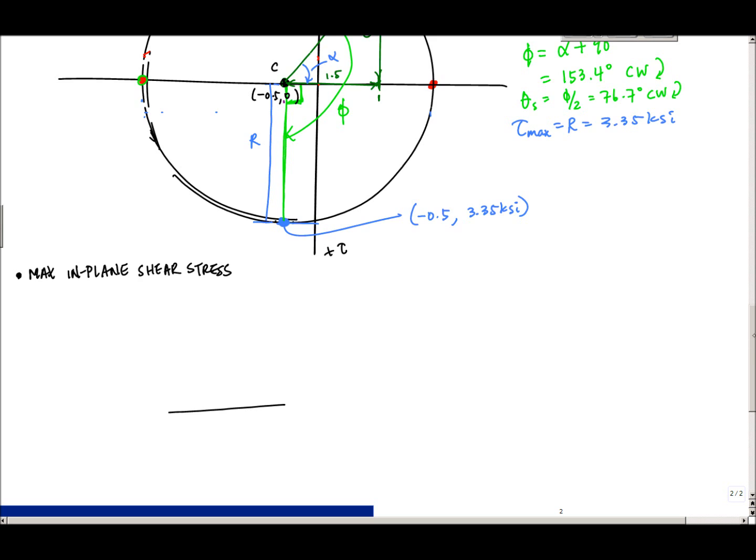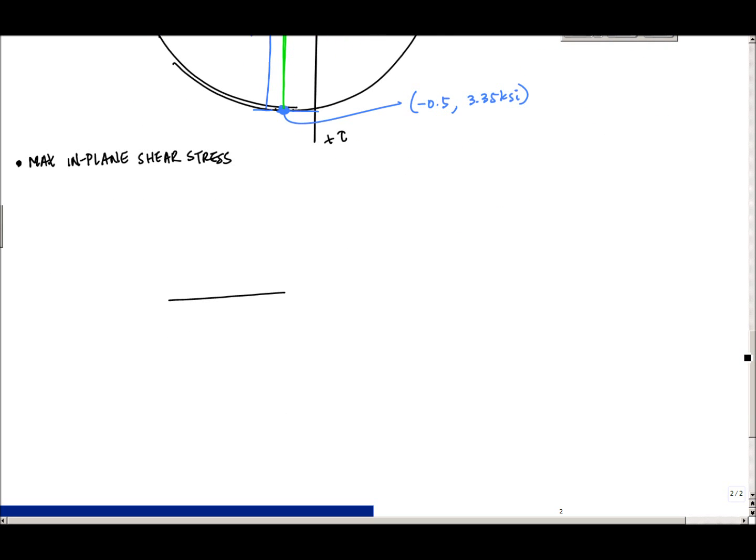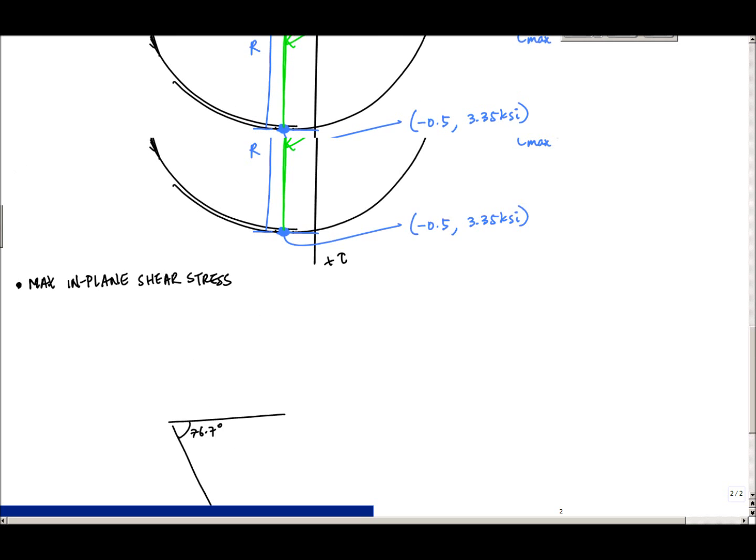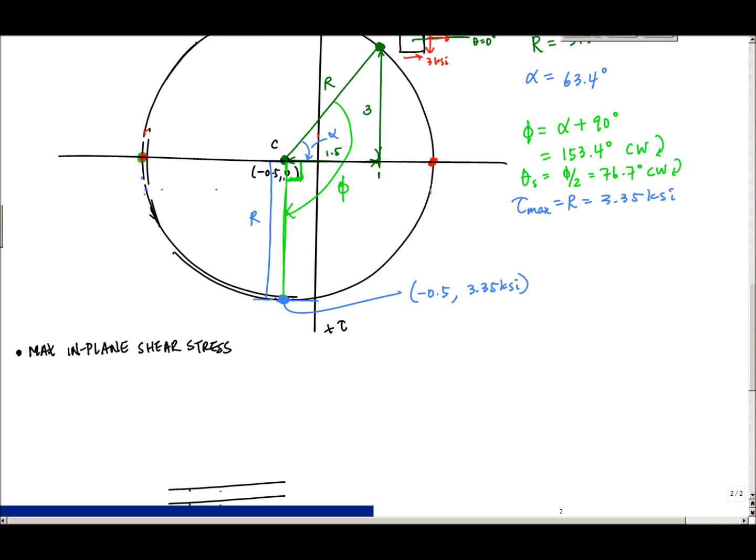Then I go 76.7 degrees, which is a pretty big angle. Here it is, this angle, 76.7 degrees. Is that right, what we had before? 76.7, yes.